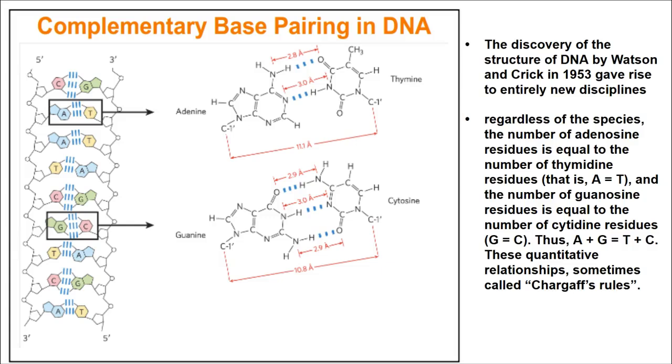Regardless of the species, the number of adenosine residues is equal to the number of thymidine residues, and the number of guanosine residues is equal to the number of cytidine residues. Thus, having this equation, A plus G is equal to T plus C, and this relationship is called the Chargaff rules.